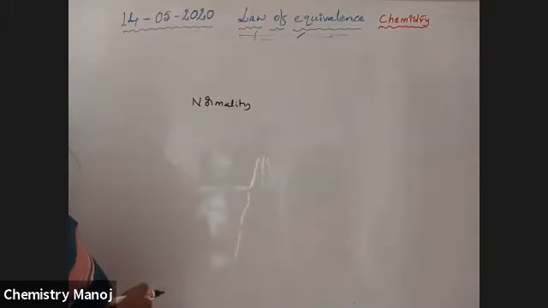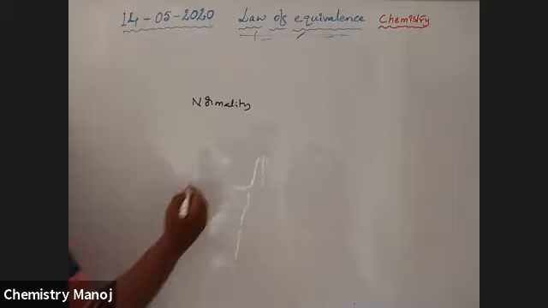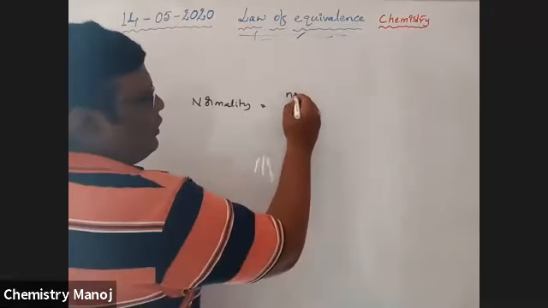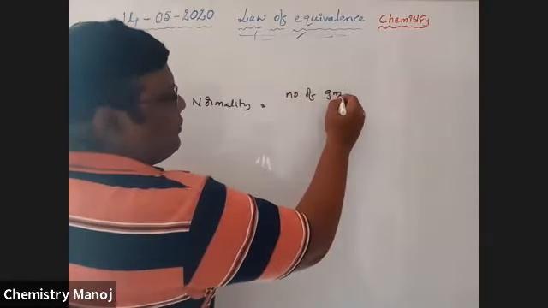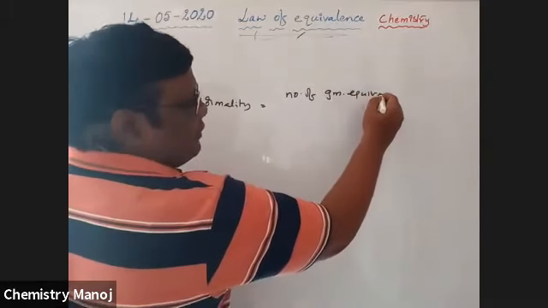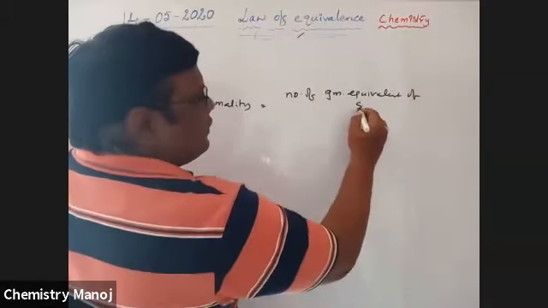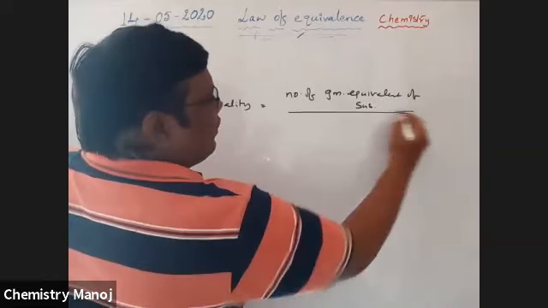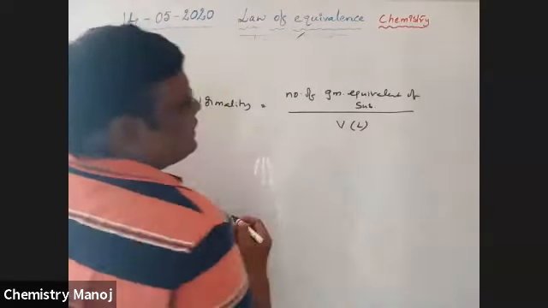So normality is equal to number of gram equivalents of substance by volume in liters.